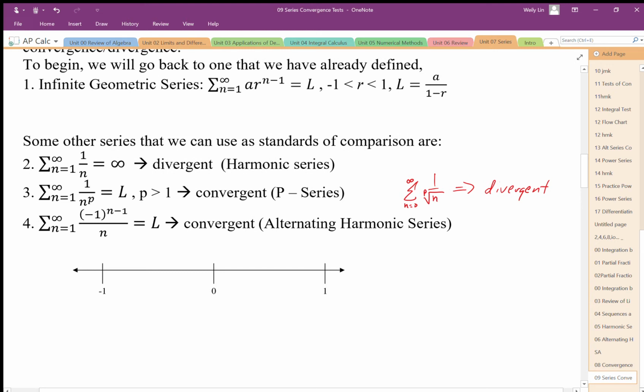The other one is that the alternating harmonic series is convergent. Although the harmonic series is divergent, when we alternate the terms, so we go from 1, plus 1, minus a half, plus a third, minus a quarter, and go back and forth, back and forth, that converges to some limit.